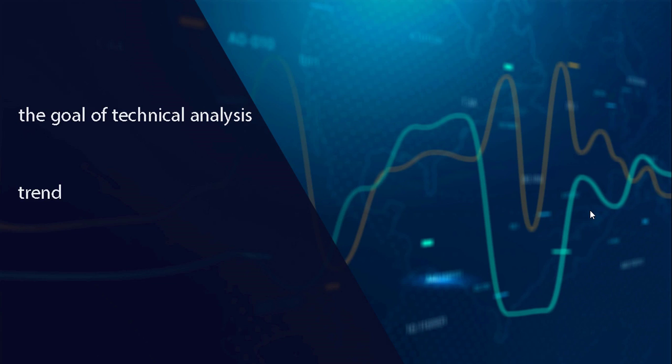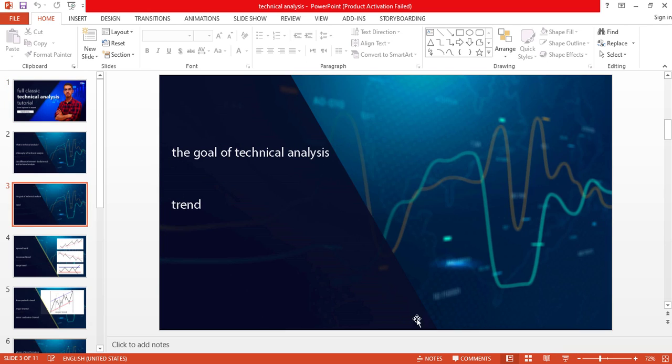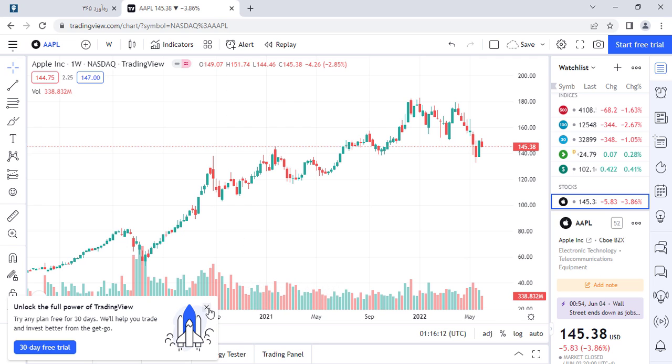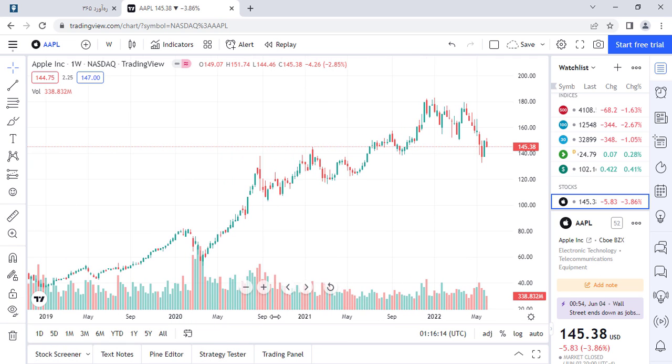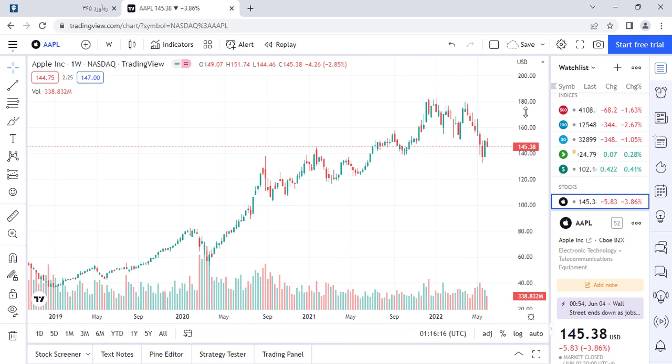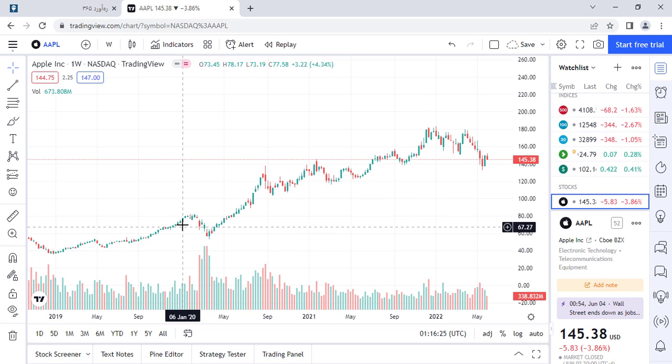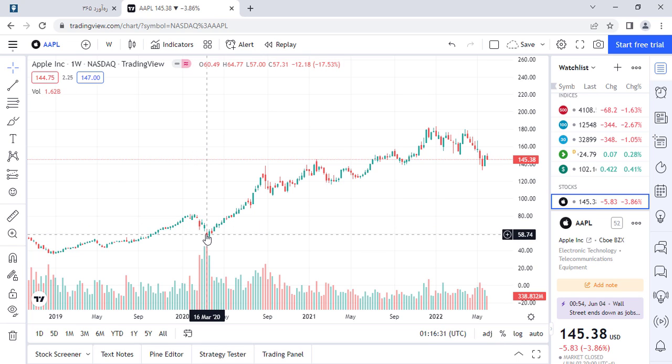Let's see a trend in a market. I will exit from PowerPoint and go to TradingView. In most cases, almost always, prices are not just like a straight line.